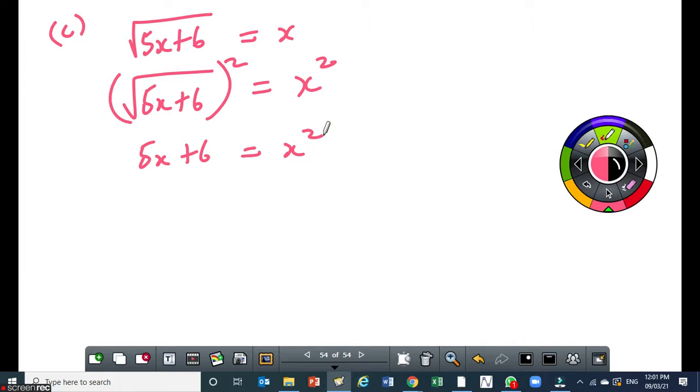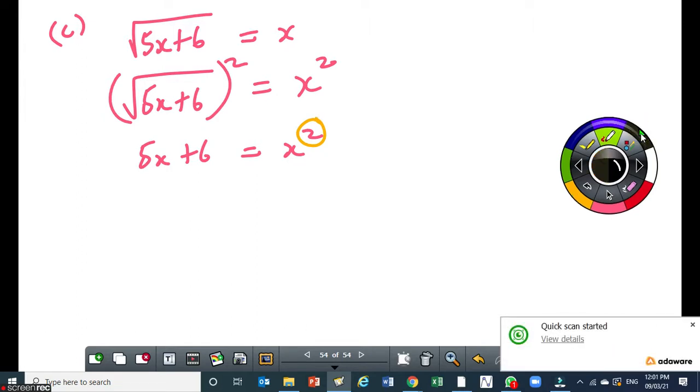Now, because of this x squared, it means you now need to form a quadratic equation. That's why you did quadratic equations in grade 9, grade 10. You are going to do quadratic equations again this year. That's our next topic actually. So, the next step here would be to create a quadratic equation.